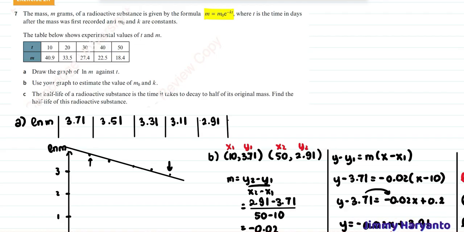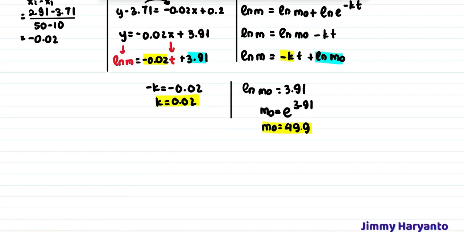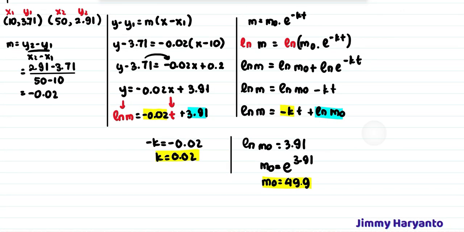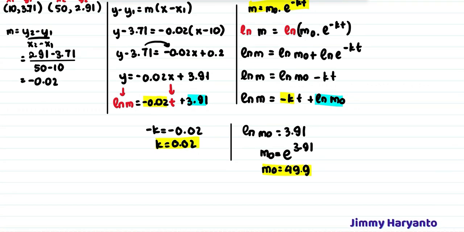Okay, it says the half-life is the time it takes to decay to half of the original mass. So based on the sentence, I will use these equations. I will rewrite the equation like m equals m0, we already have the m0, which is 49.9, and then e to the power of negative 0.02 times t.